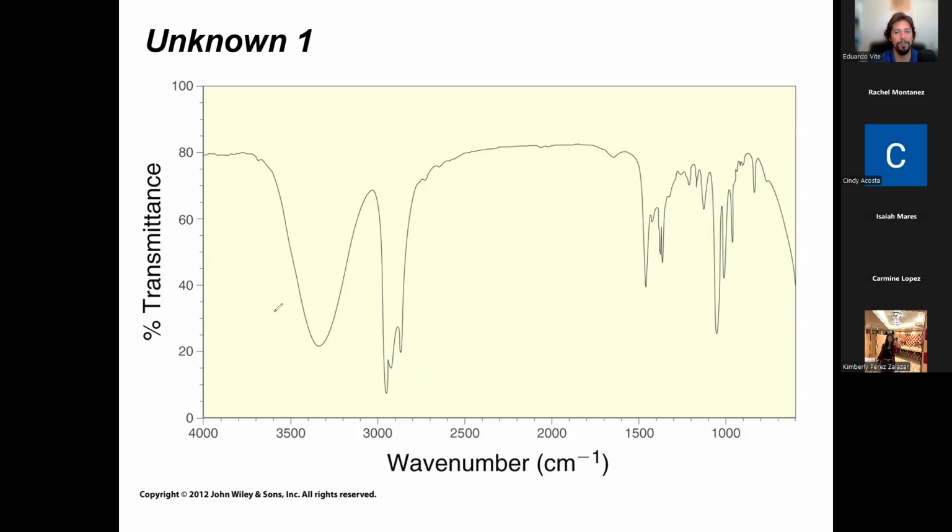You guys are telling me what they are, but now you gotta tell me where. Where's the OH? Where's the CH? So Andrea said CH is at around 3000. Yep. This right here are the CH stretches.